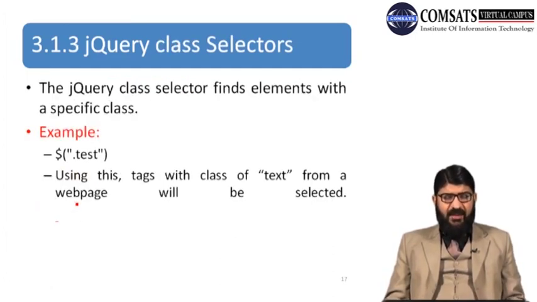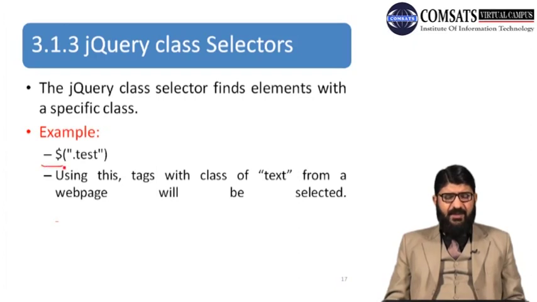Now another method: using jQuery with the class selector. The jQuery class selector finds elements with a specific class. So if you want to identify a class specifically, you will use jQuery with class. How to write it? See the example.